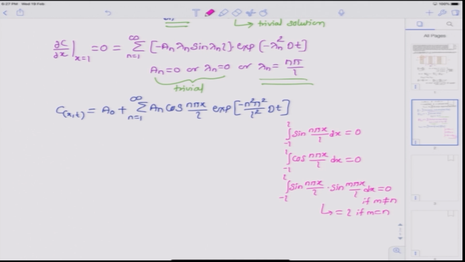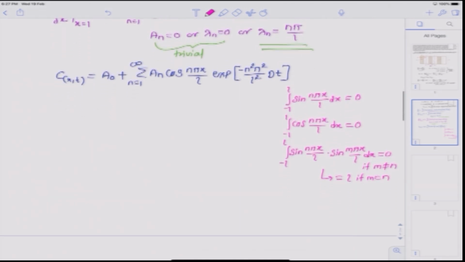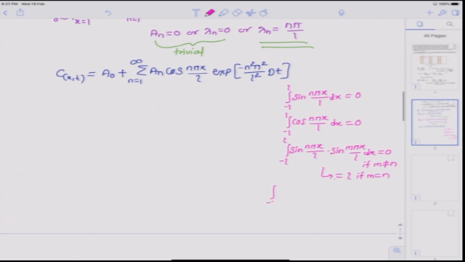Now, both m and n here are integers. Similarly, integral minus L to L cos n pi x by L times cos m pi x by L dx equal to 0 if m is not equal to n, and this is equal to L if m is equal to n.